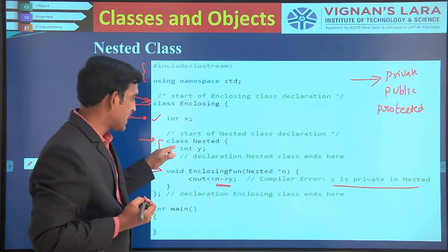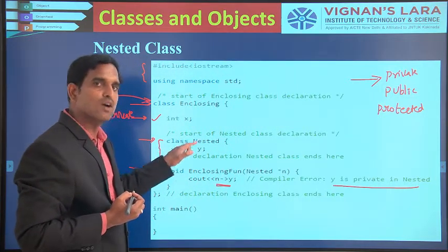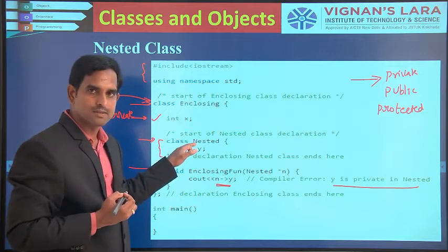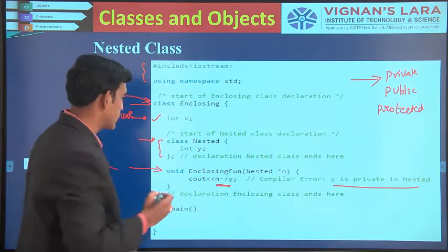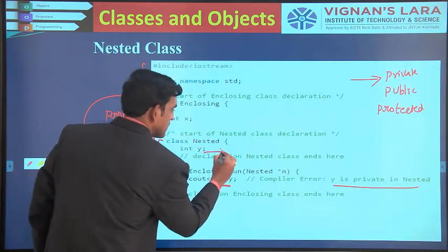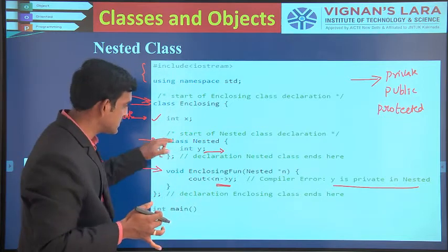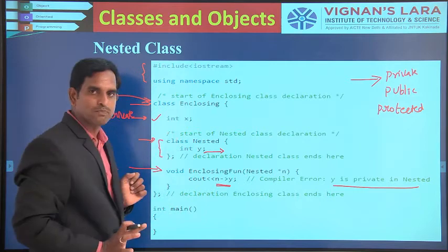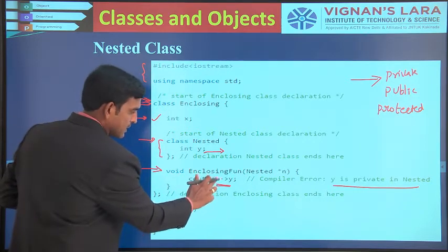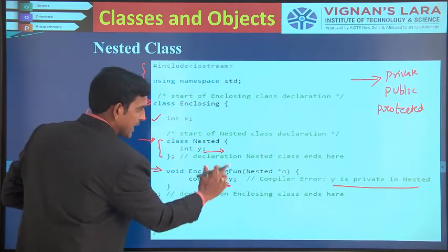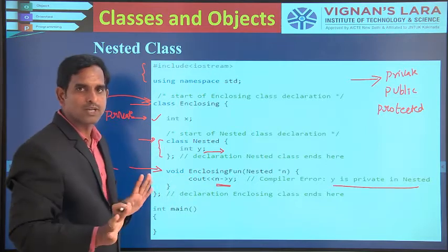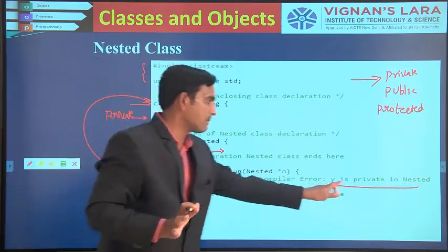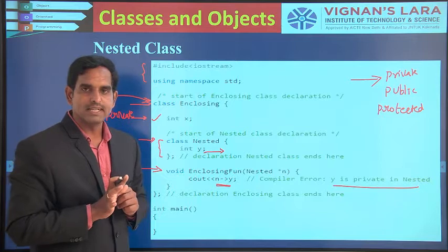So y can be accessed only by methods of your nested class. If you write any method inside the class nested, only those methods can access y. Now if this particular function tries to access y, it will not be allowed, and we will get a compile error: y is private in nested.